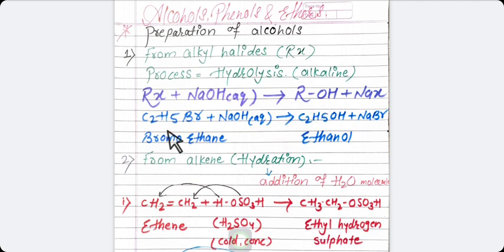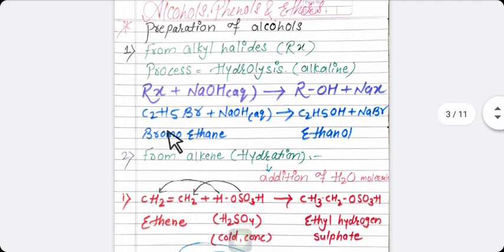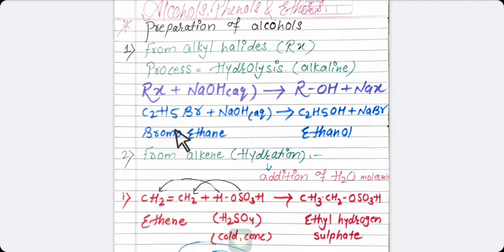The example is, in place of alkyl halide we are taking bromoethane, which reacts with aqueous sodium hydroxide and gives ethanol. OH is attached with the alkyl group, it forms ethanol and your byproduct is sodium bromide. Sodium reacts with the bromine.